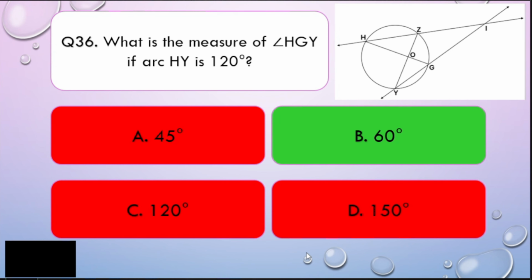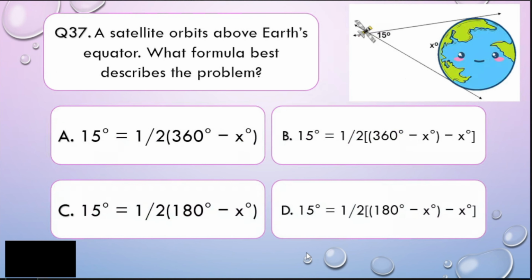So now let us go to question number 37. A satellite orbits above Earth's equator. What formula best describes the problem? Is it A, 15 degrees is equal to 1/2 times the quantity 360 minus x? B, 15 degrees is equal to 1/2 times the bracket of the quantity 360 degrees minus x degrees minus x degrees.